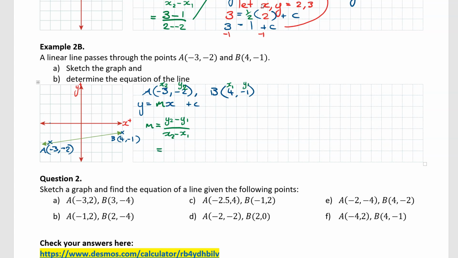Subbing in those values, y2 is now -2, take -1, and then the x values, -3 take 4. It's going to come out a bit different.